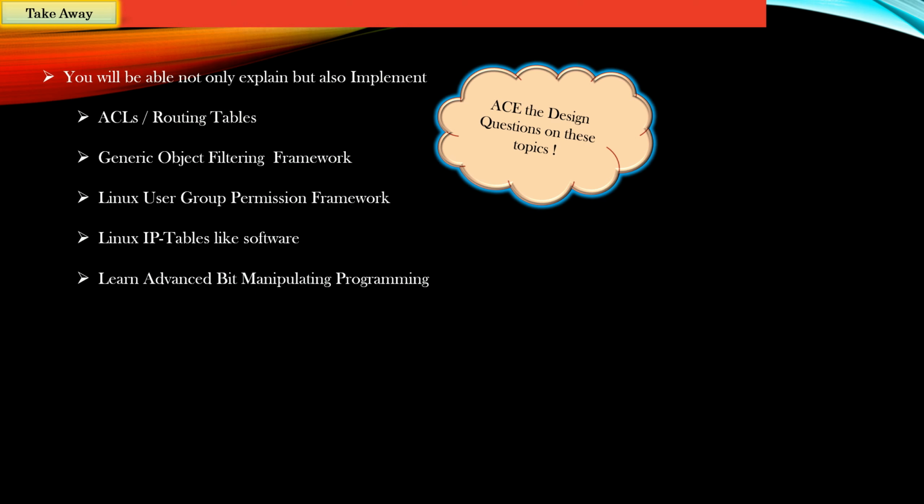And finally, the takeaway from this course is that you will not only be able to explain, but also be in a position to implement access control lists or routing tables. In this course, I am going to show you the implementation of both of these data structures. In fact, the end product of this course is that you will be able to come up with a generic library which would act as an object filtering framework.